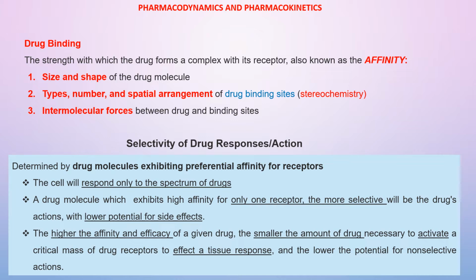The other factors are the number of receptors on the cell surface, the interaction between the drug and the receptor, the stereochemistry of the drug receptor binding site, and the intermolecular force between the drug and the receptor binding site.